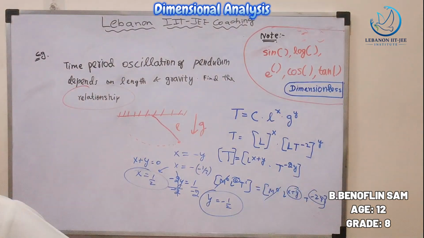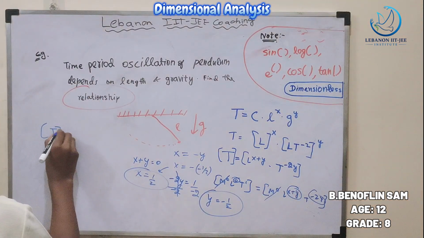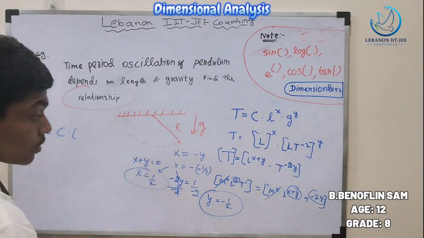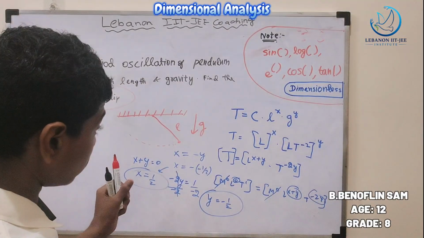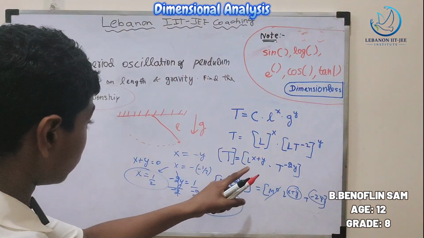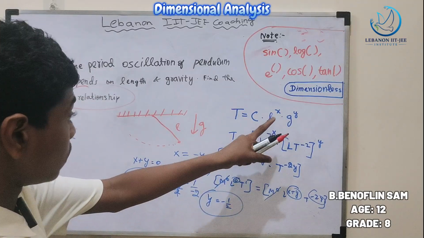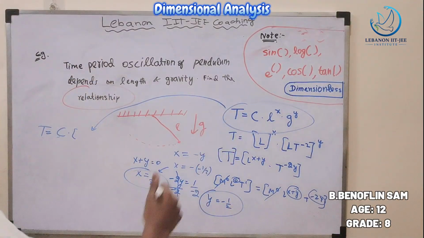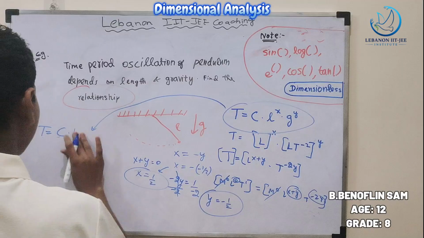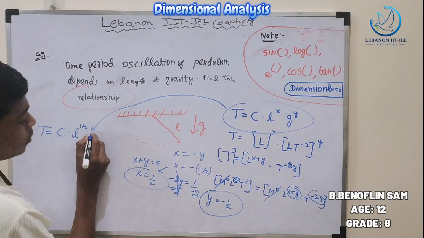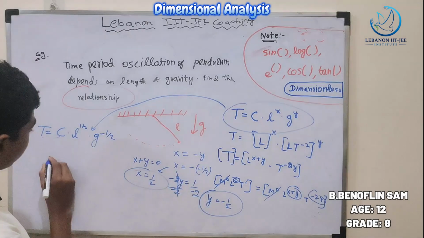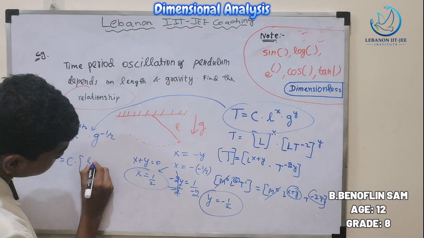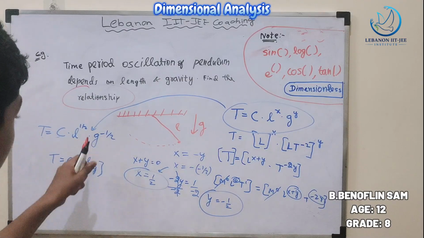So T is equal to constant into L^(1/2) into g^(-1/2), which means T is equal to constant into root of L by g.